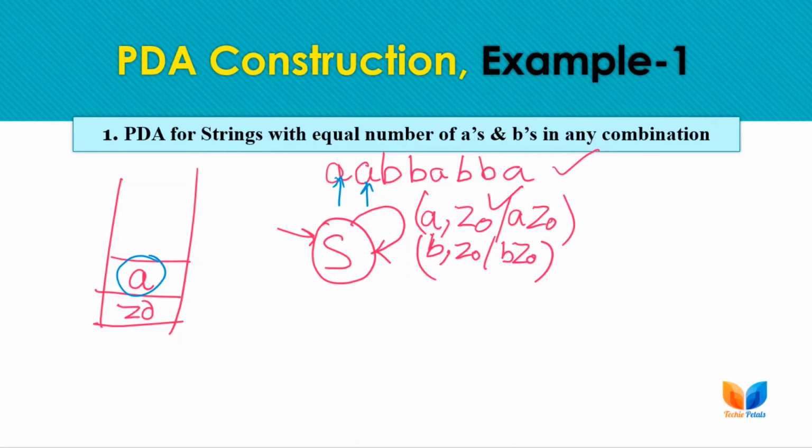So this will reflect that we have cancelled out one B corresponding to A or one A corresponding to B. Once all the matchings are done, means we have replaced all the matching A's and B's with null, then we will be having Z0 as the stack top and null as the input string. Then we can show the acceptance.